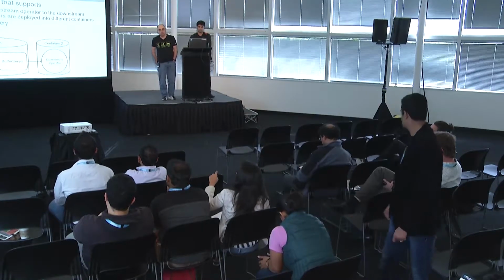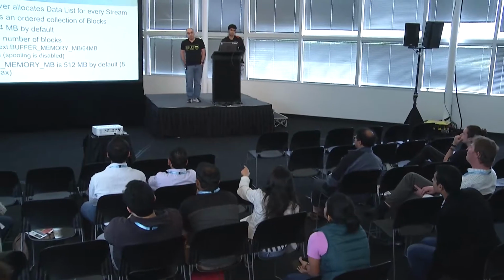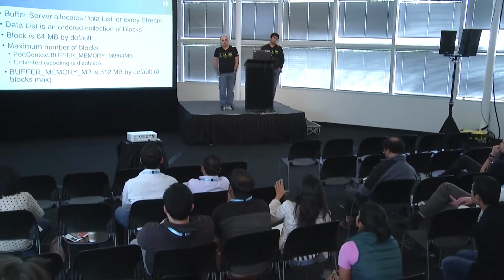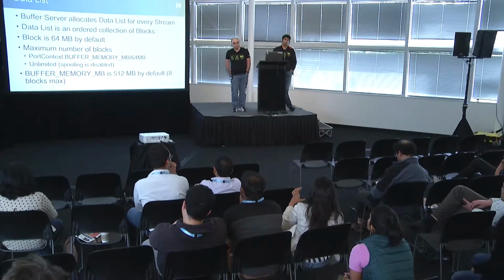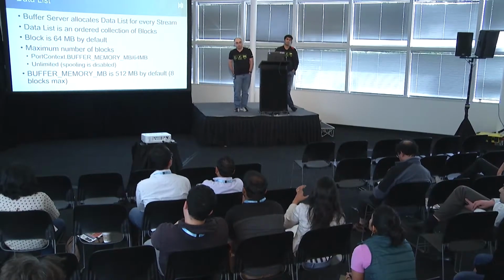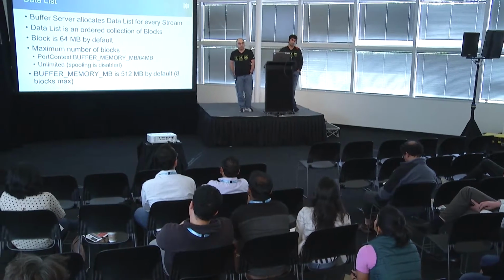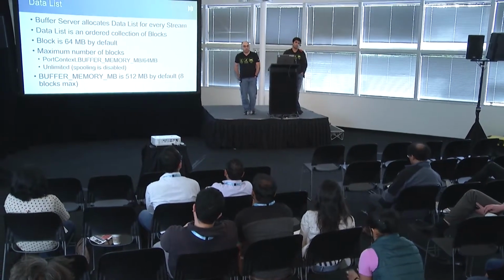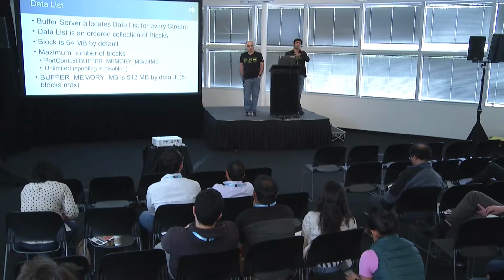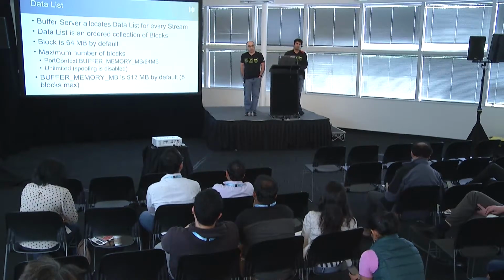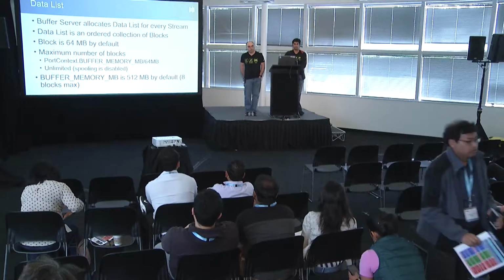In one of the slides, the buffer memory MB is 512 MB by default. This buffer is per container, right? What's the minimum limit of memory per container? This memory allocated is per port. So if you have 2 output ports, not input, then it will be twice this memory. It depends, and you can adjust that as well.